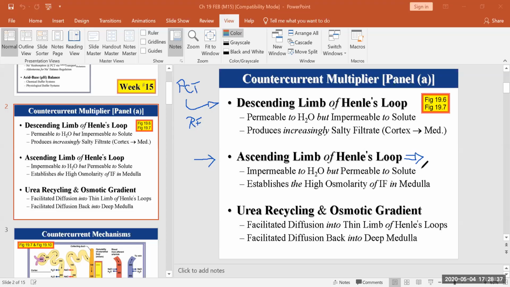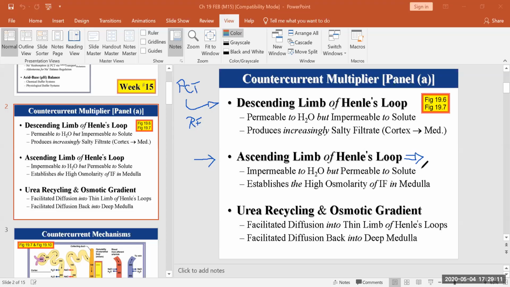The ascending limb consumes ATP, consumes cellular energy to kick out sodium, chloride, and potassium. So it is actively sending out the potassium, the chloride, and the sodium, which leave the renal filtrate and get into the interstitial space. And you see that on panel 4 of figure 19.7.